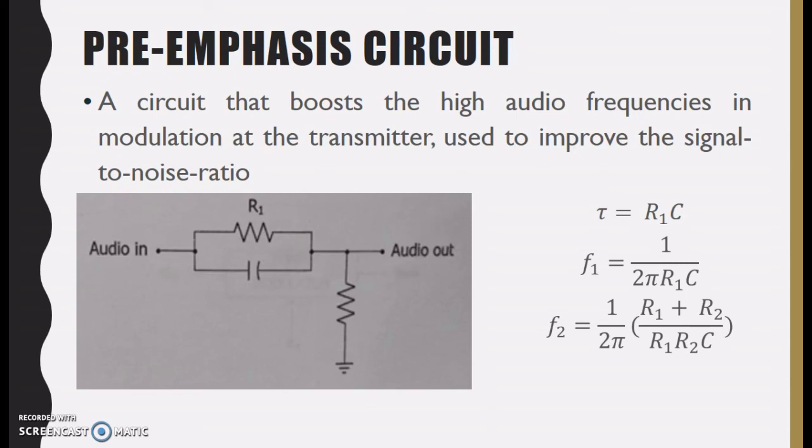Such a circuit has a cutoff frequency of 2122 Hz. This means that frequencies higher than 2122 Hz will be linearly enhanced.